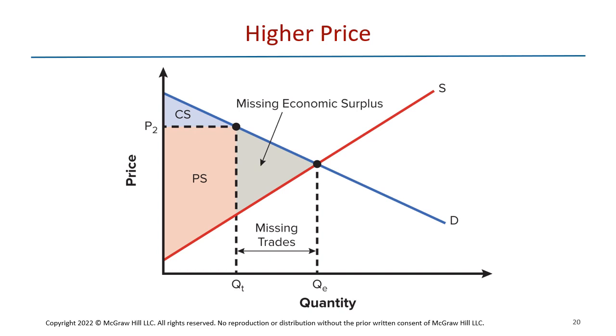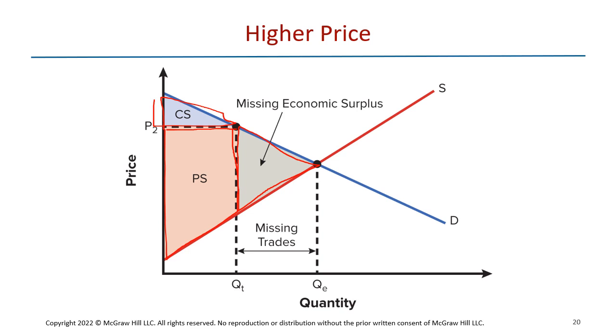But when the price begins to rise, it takes away from the consumer surplus, and it also takes away from the producer surplus. So when the prices begin to go up, in this case artificially, it's going to eat away at that total or economic surplus, and we're left with this missing economic surplus, which we're going to define in a moment.